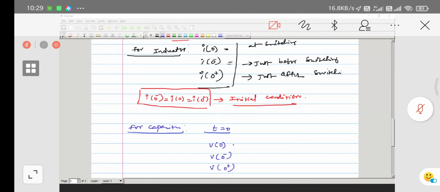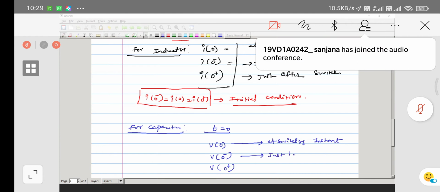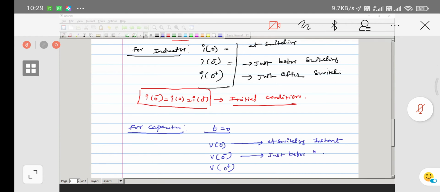Here, V0 is the voltage across the capacitor at the switching instant, V0 minus is the voltage just before switching, and V0 plus is just after the switching instant.